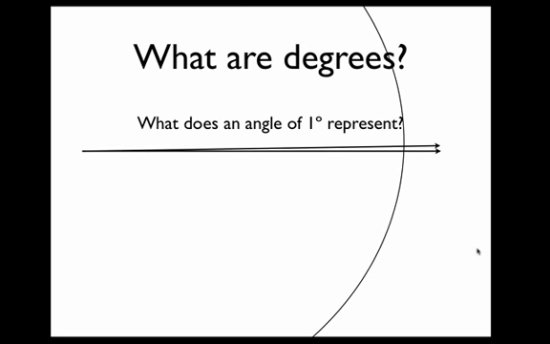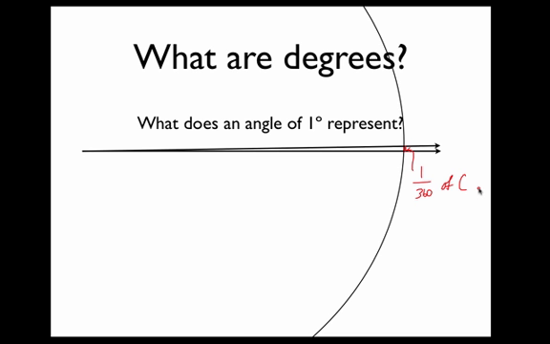So here's a close-up of it. What is that right there? If this angle is 1 degree, tell me about that arc length right there. 1/360th of the circumference. That's what a 1 degree angle is.